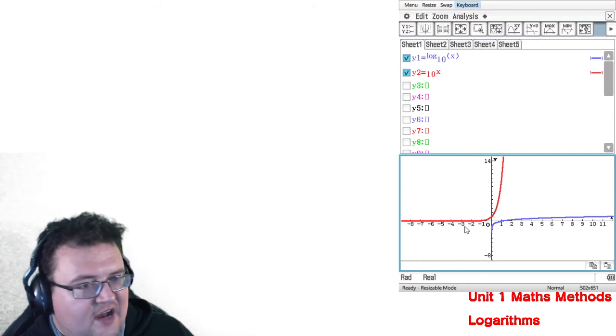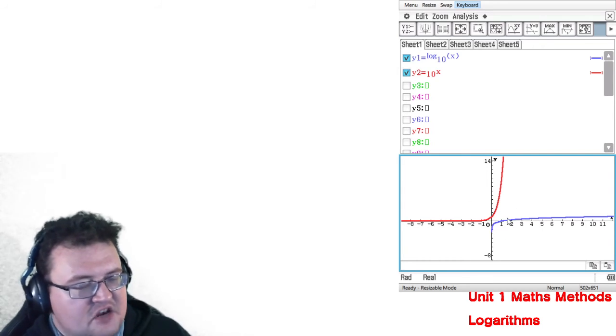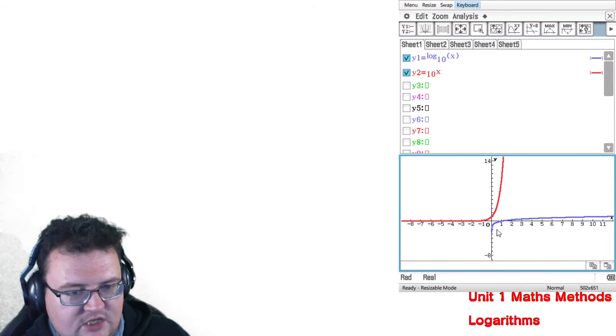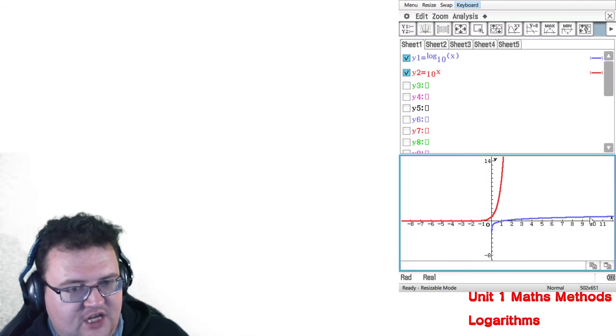So these two graphs are effectively the inverse of each other. They are the polar opposites. This graph here starts very, very steep and then gets very, very flat over here. The other one is the other way around. They are inverse functions of each other.